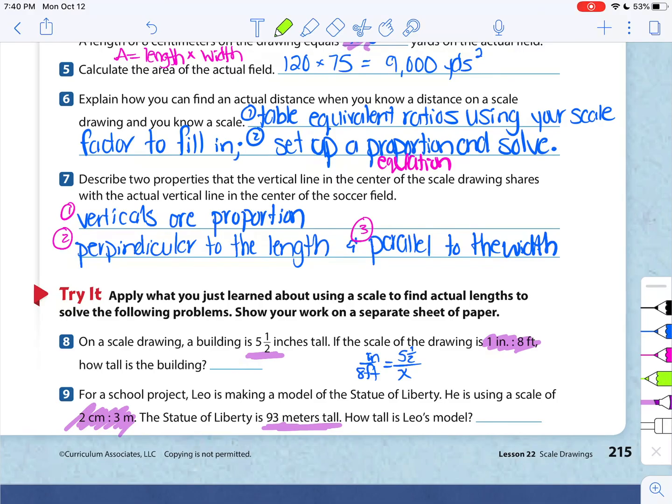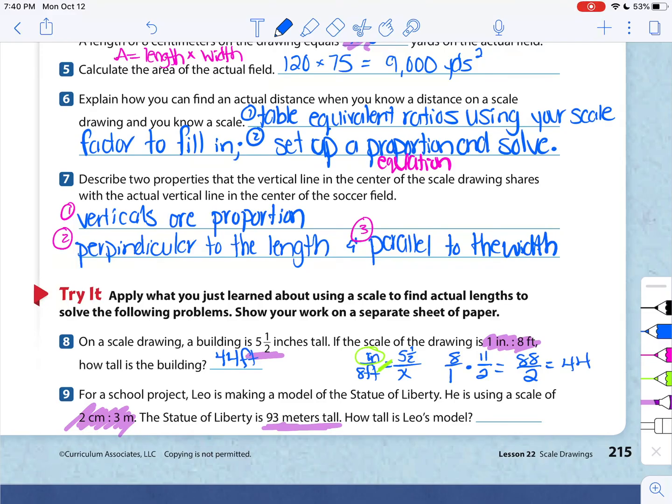So we're going to cross multiply 8 times 5.5 and divide by 1. So when you cross multiply, you're going to put 8 over 1 times, we want to change 5.5 to 11 over 2, which is 88 over 2, so we multiply straight across, and 88 divided by 2 is 44. So the building is actually 44 feet.